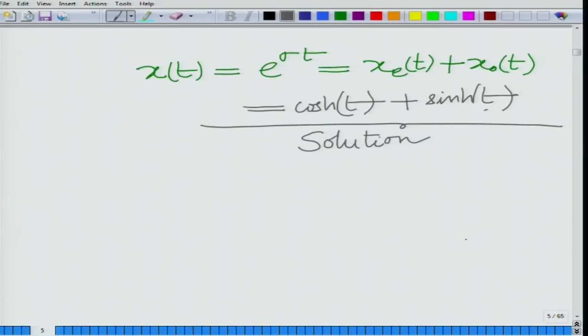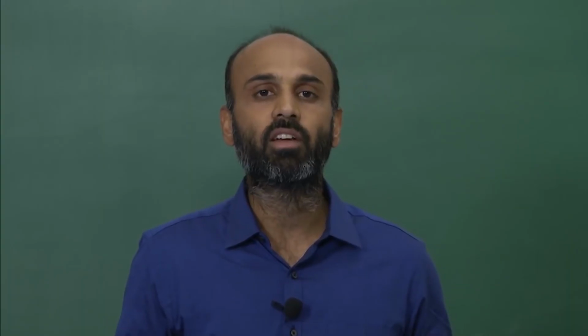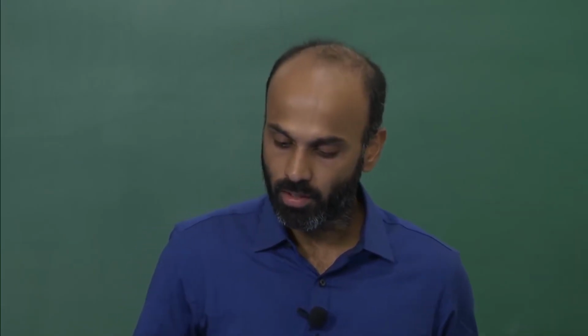Okay, so this is the even component of x of t, and this is the odd component of x of t. So we are given a signal x of t and we have decomposed it into its even and odd components. Okay. Let us do another example.